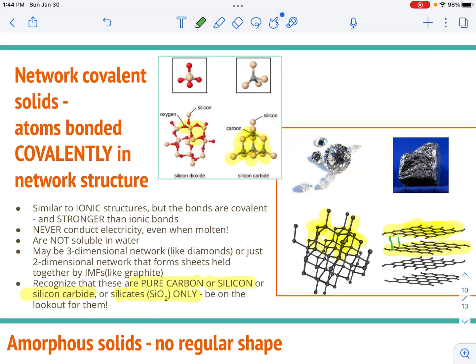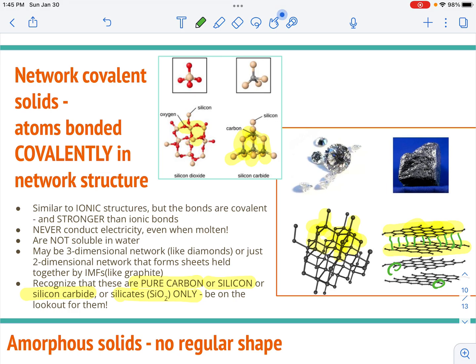But if we're talking about graphite, in between these sheets we have London dispersion forces. These are also nonpolar. It's just that now the carbons are bonded in a trigonal planar configuration instead. If you look carefully around one of the carbons, you can see there are 3 bonds around the carbon center.